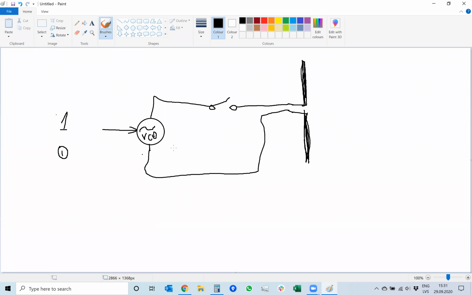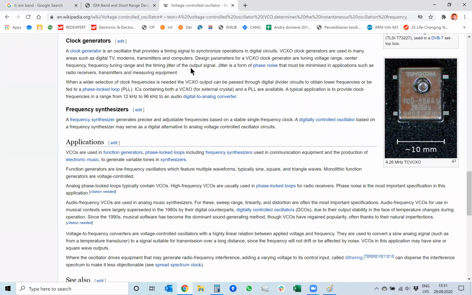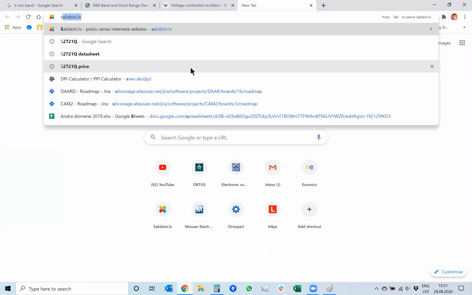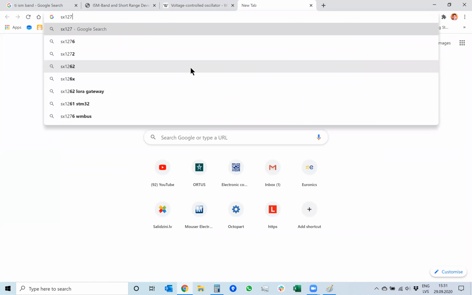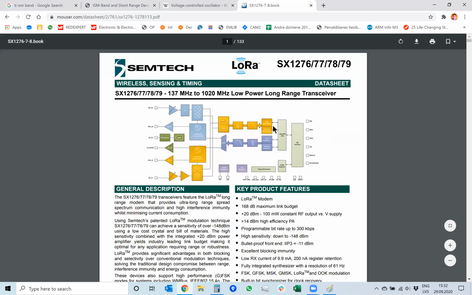So you can buy these things, or in the labs, in our development kits, the radio frequency chip has this thing built in. So we are using, for example, SX1276, I think. Data sheet, here it is.